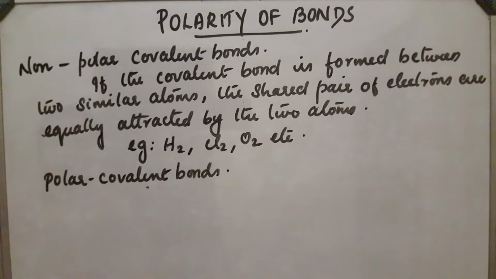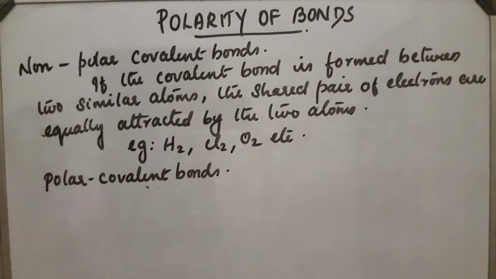As a result, a partial negative charge is obtained over the more electronegative atom, and a partial positive charge is obtained over the less electronegative atom. Such covalent bonds are called polar covalent bonds.